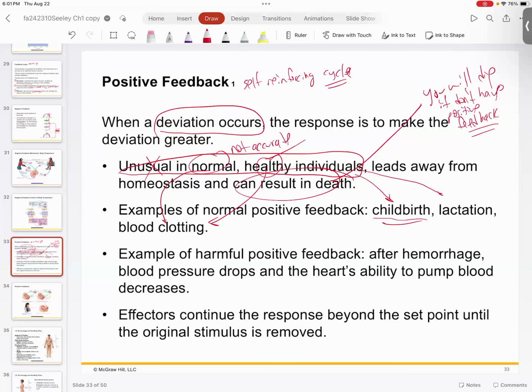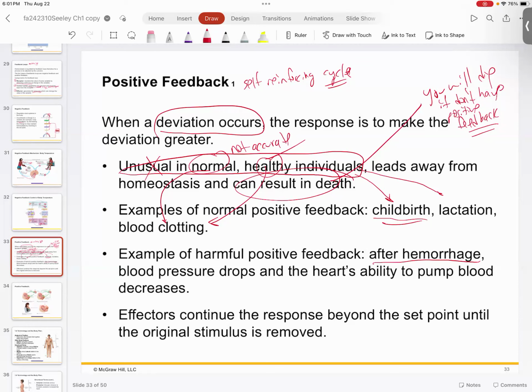So ultimately, there are harmful positive feedbacks. Times when your self-reinforcing cycle spins out of control, right? In those situations, hemorrhaging is a good example. When you're hemorrhaging, your blood pressure drops, and your heart basically goes through this positive feedback loop to try to restore blood pressure. But if you still have the hole in your femoral artery, you're not restoring blood pressure, you're just pushing the blood out and hemorrhaging even stronger.